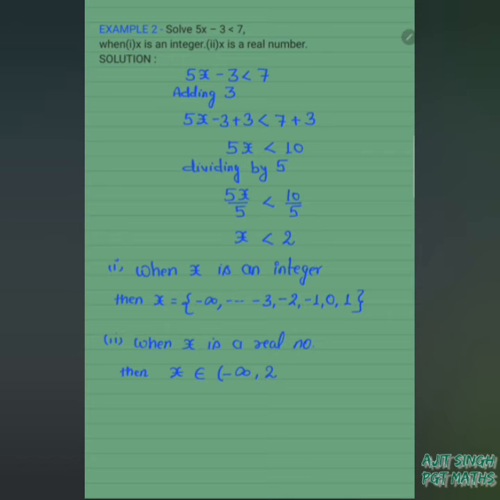On the infinity side, either plus infinity or minus infinity, we always use the open interval. And for the less than or greater than sign, we also use the open interval, that is a small bracket. And for less than or equal to and greater than or equal to signs, we use the closed interval, that is the big bracket. So this is the value of x which belongs to minus infinity to 2 in the open interval. This is an open interval because 2 is not included in the value of x, as x is less than 2.